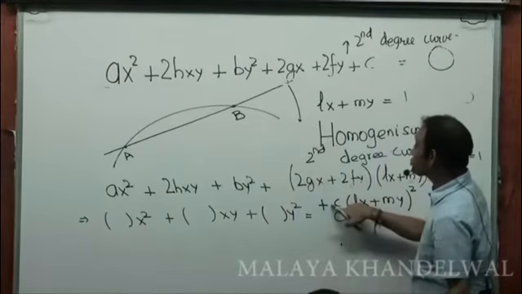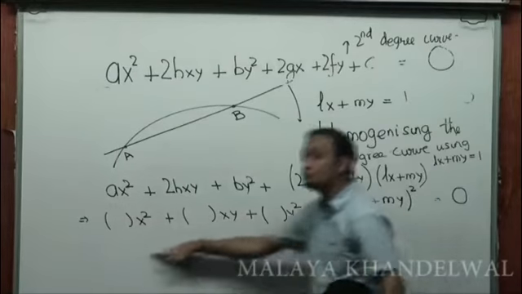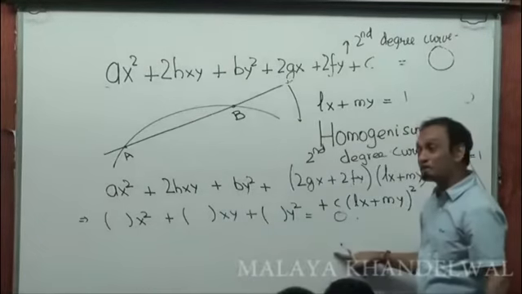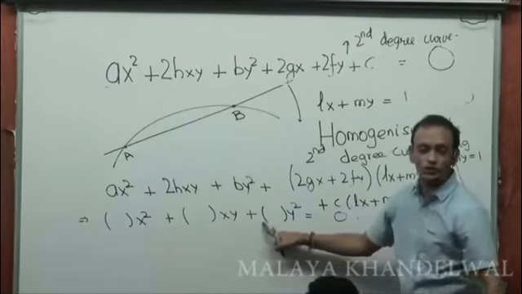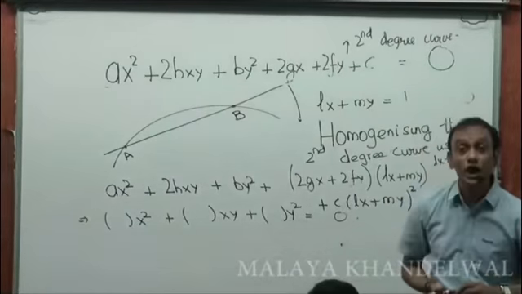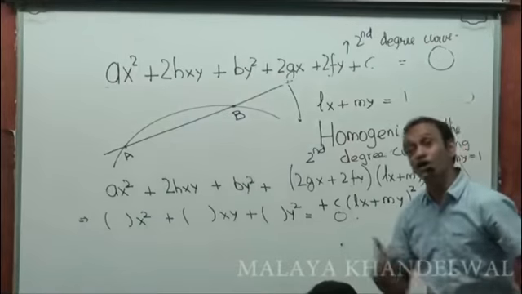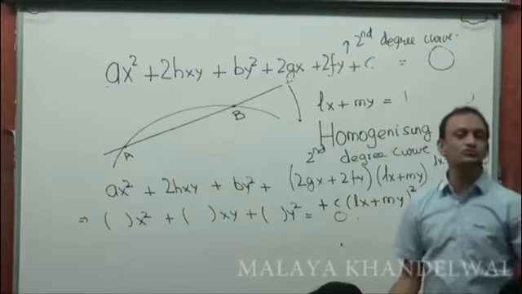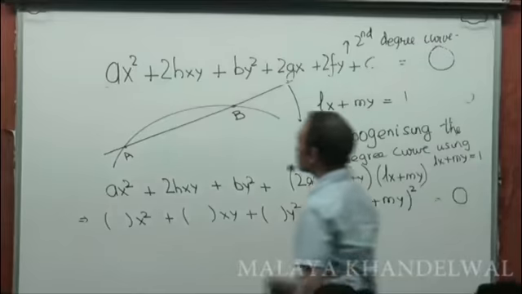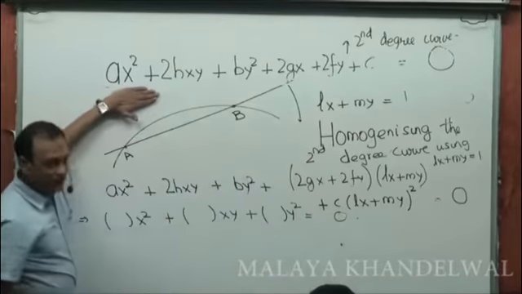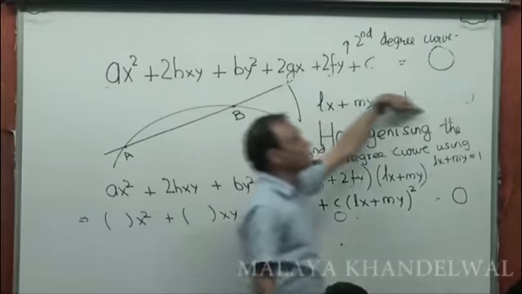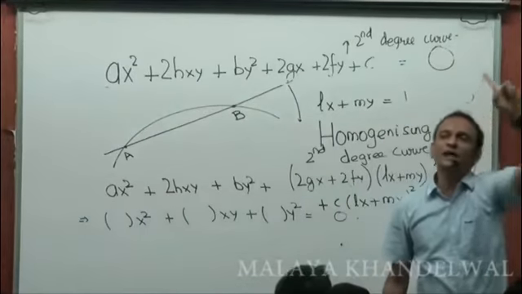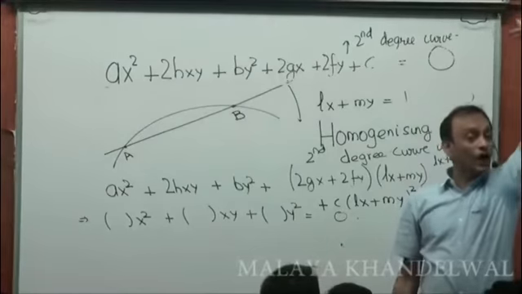That means, what does this reduce to? This reduces to a homogeneous second degree equation in x and y. Something into x squared plus something into xy plus something into y squared equal to 0 represents what? A pair of straight lines passing through the origin. So, one thing: given a second degree curve, if you homogenize it with the help of a line, you end up getting a pair of straight lines passing through the origin.